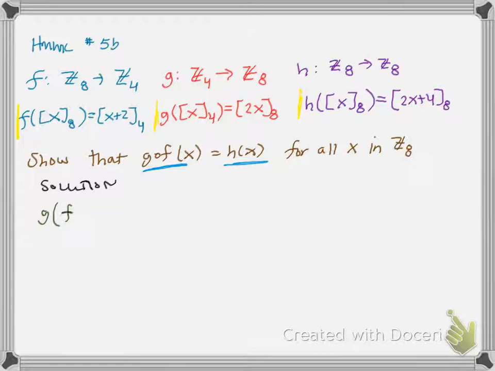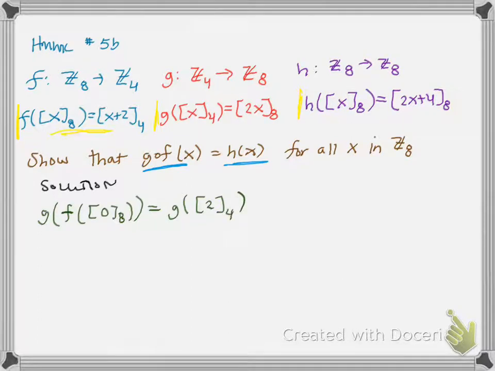So G of F of, we're starting from F. So F, we know we're in mod 8. So we start from 0. Well, we just do the operation. F of 0 in mod 8 becomes G of 2 in mod 4, right? Hopefully you guys see that.